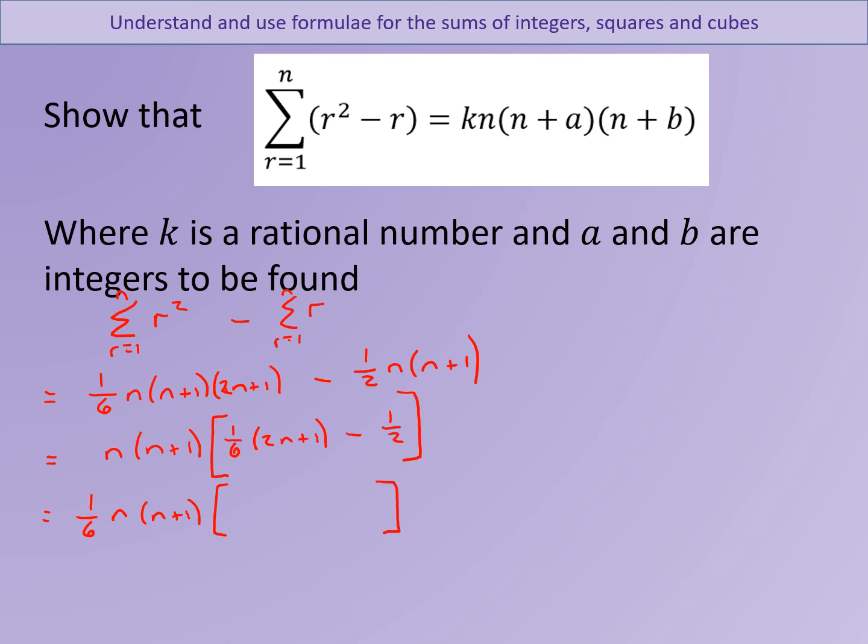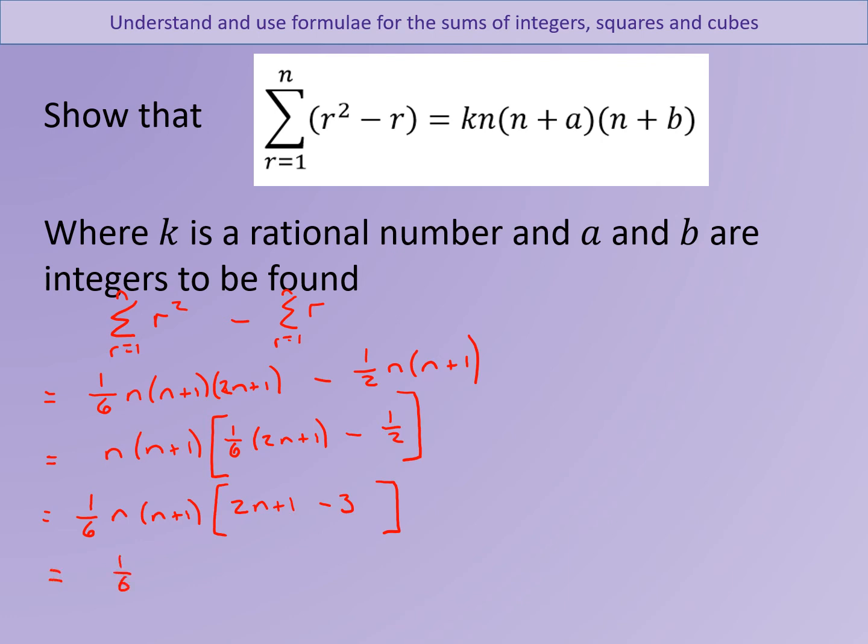What we're doing to everything inside the bracket is dividing it by a sixth, which is why the sixth is coming outside. So dividing by a sixth is the same thing as multiplying by 6. So the first bracket, if you multiply that by 6, is just left as 2n plus 1. The half, if you multiply half by 6, you get 3. That becomes minus 3.